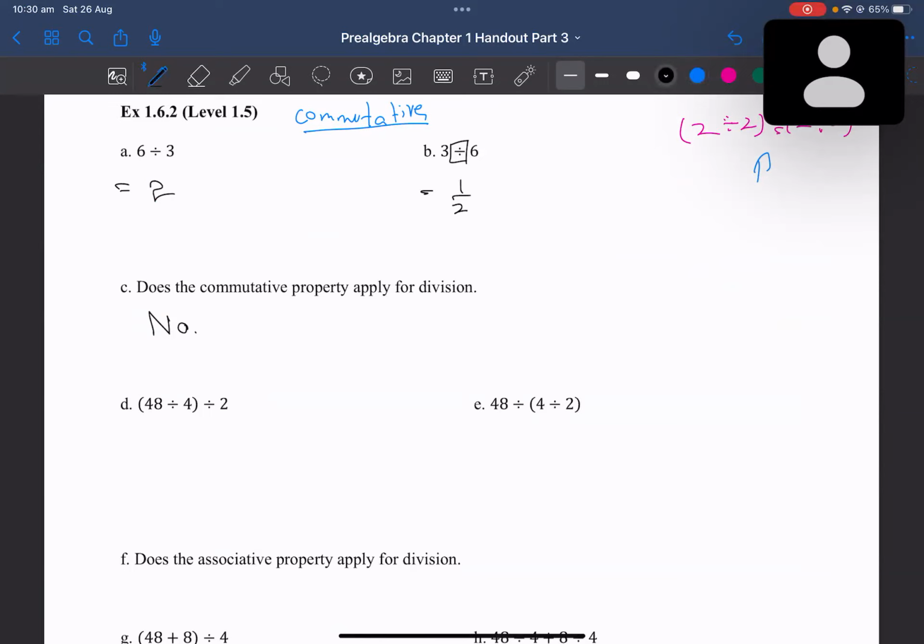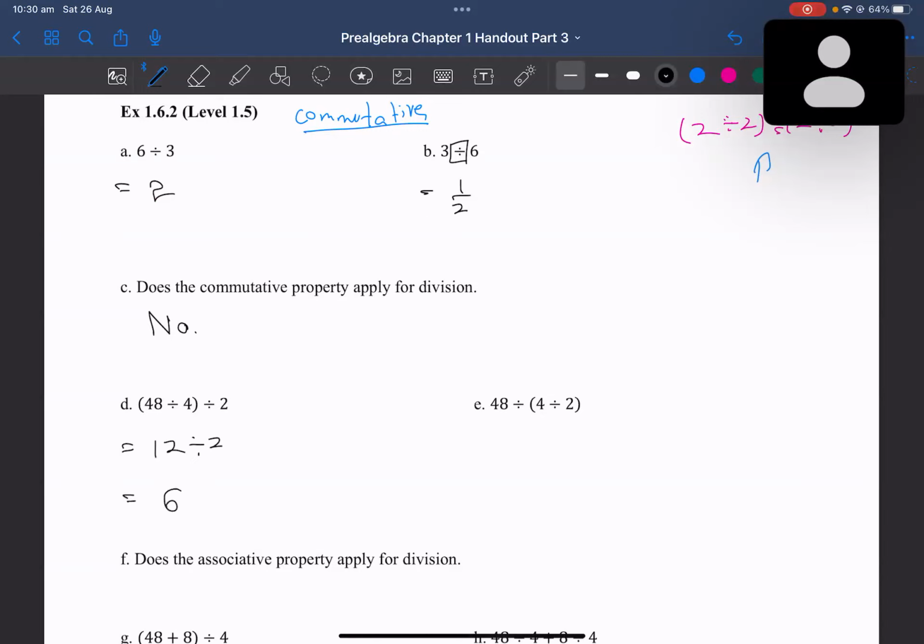What would D be? 48 divided by 4 would be 12. Divide that by 2, you get 6. Yeah, very good.